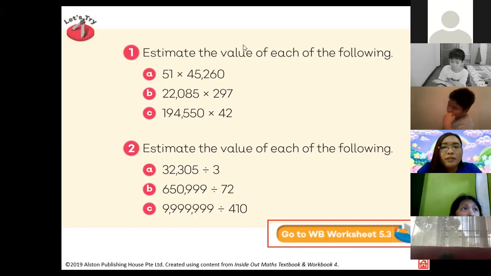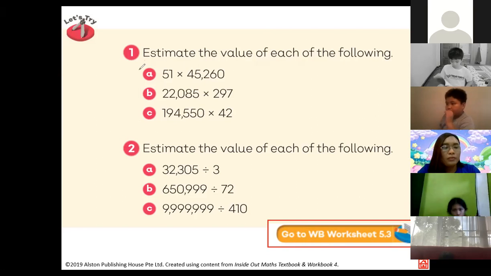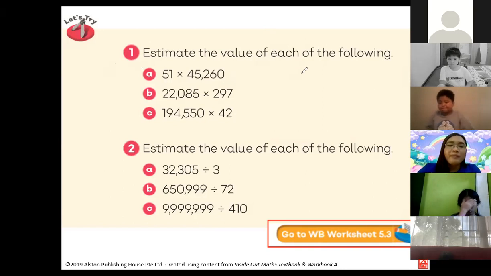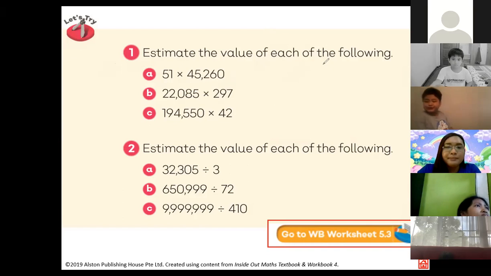Just only letter A. 2,308,260. No, the answer is wrong. Class, remember, before you multiply, you have to estimate the number first, okay?